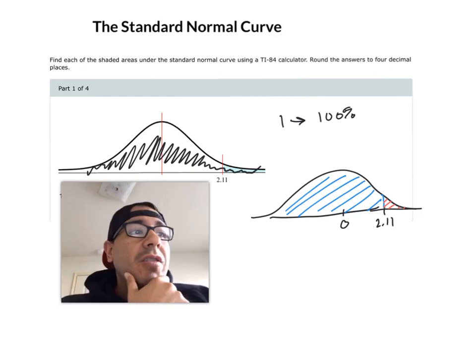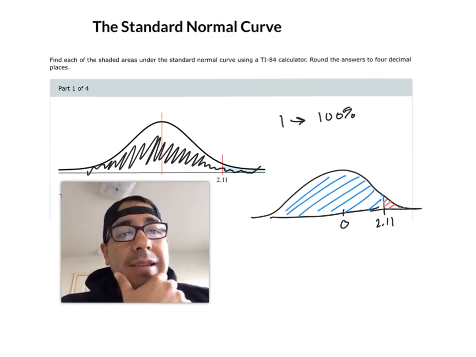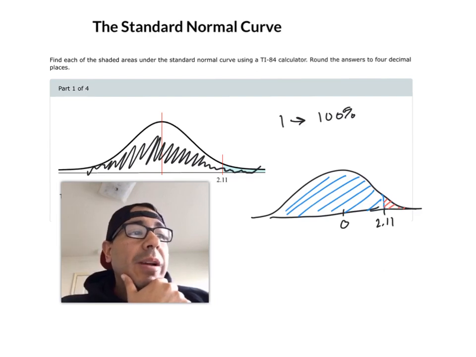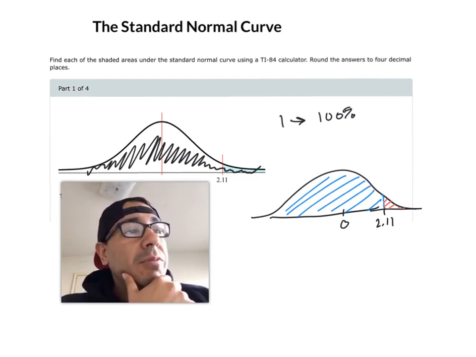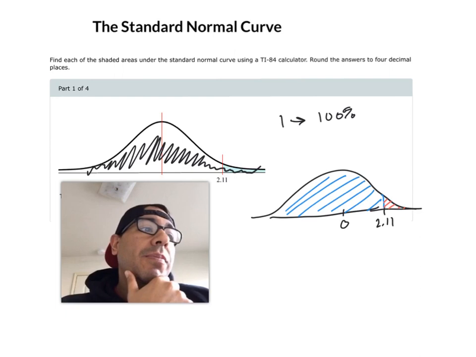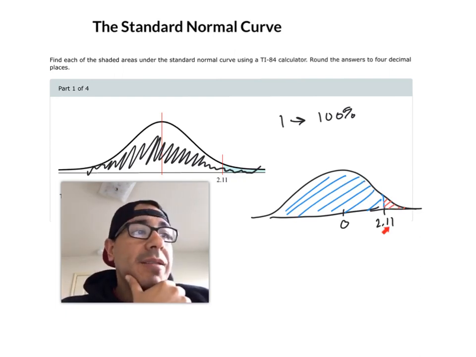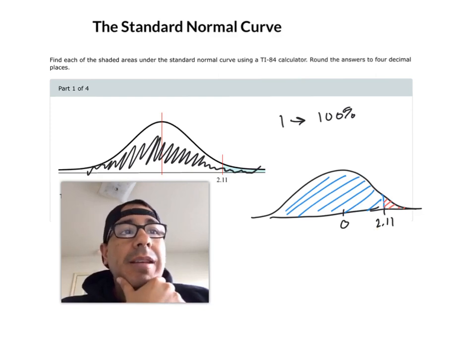We're going to be doing a lot of translations through this chapter, but ultimately what we're trying to find are these percentages: what percent of the population falls less than or greater than some particular value.